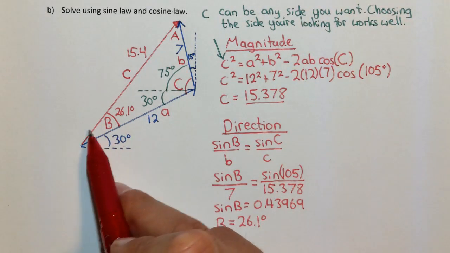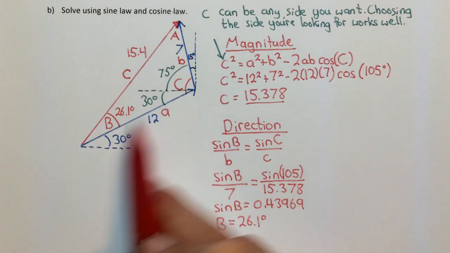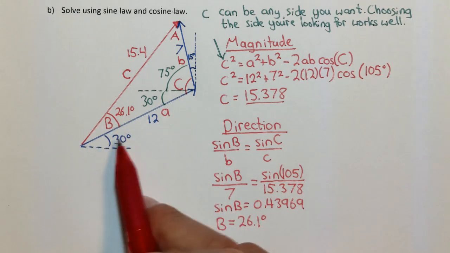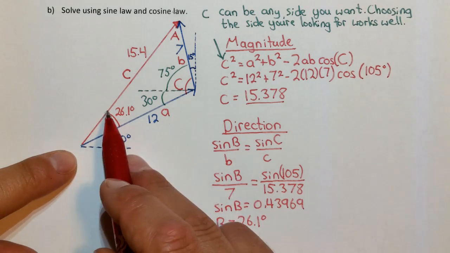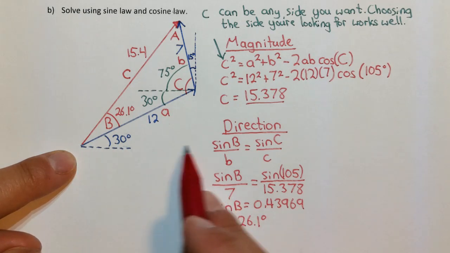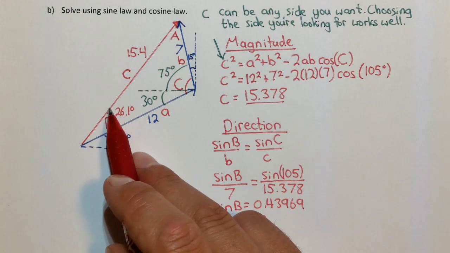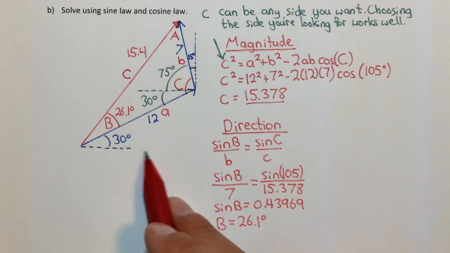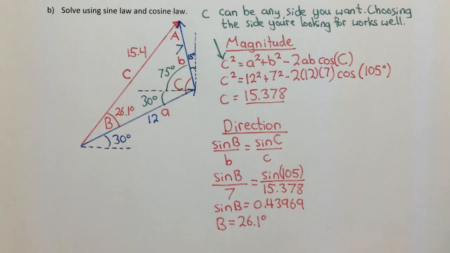Angle B compares my vector to this blue vector, which is not north, east, south, or west. So what I should probably do is compare it all the way, not just to this blue vector, but down to this dotted line. That is heading in the east direction. So the angle between my vector and this east direction is going to be 26.1 plus 30, or 56.1.